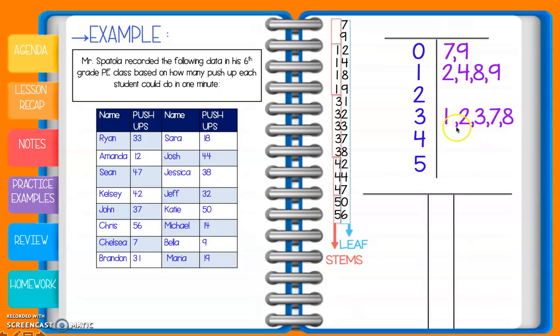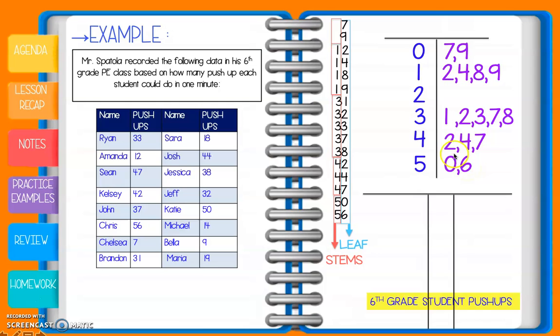Now we're looking for our 4. We have a 2, a 4, and a 7 to represent 42, 44, and 47. Okay. Last but not least, we have our 50s. So I have a 0 and a 6, and that represents 50 and 56.